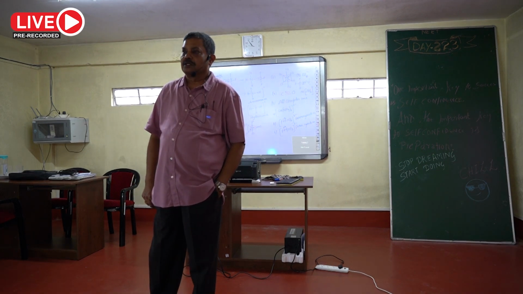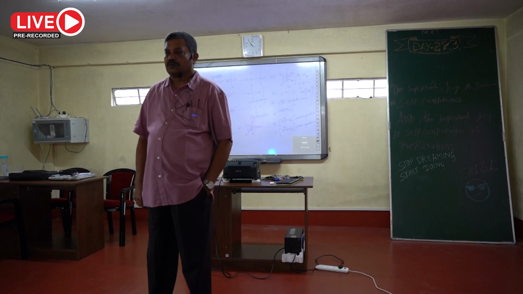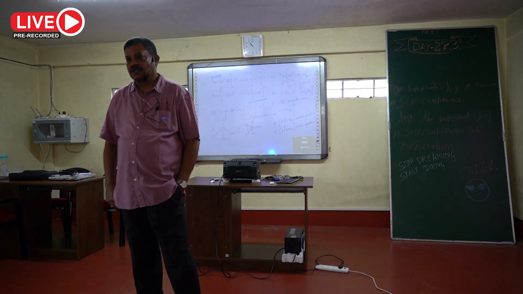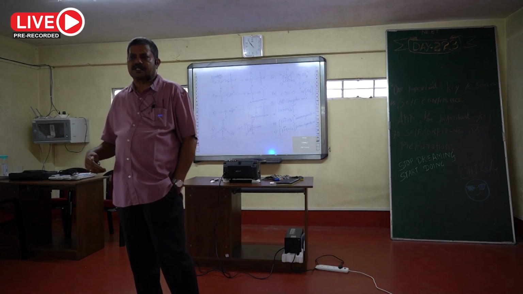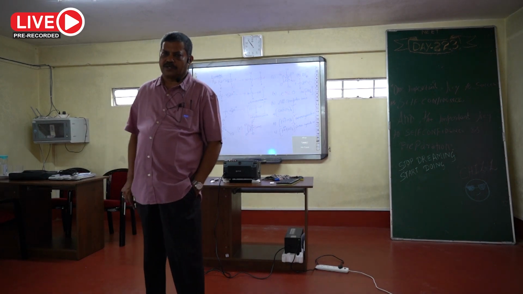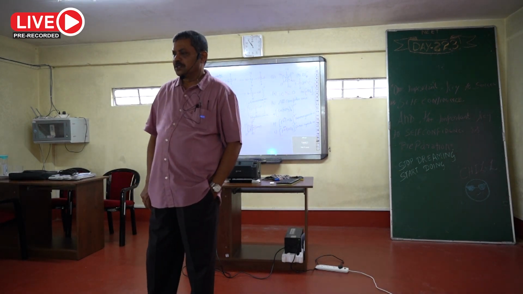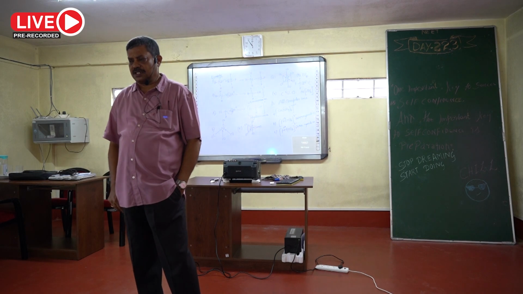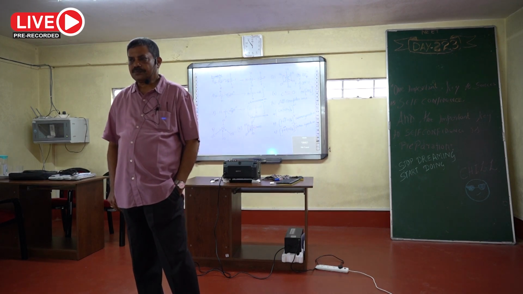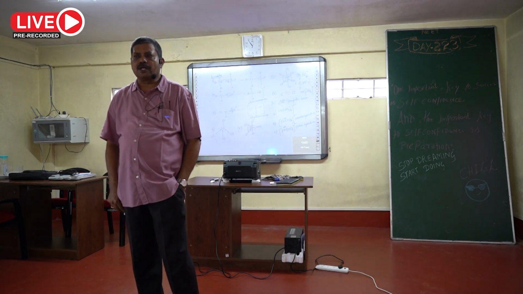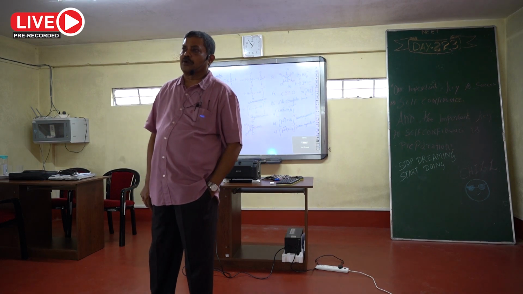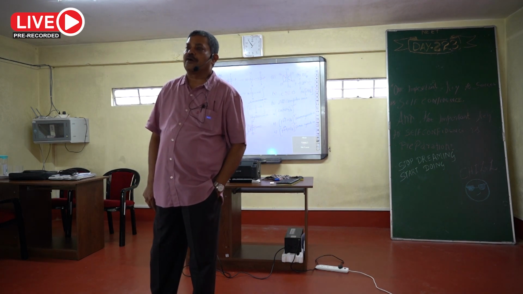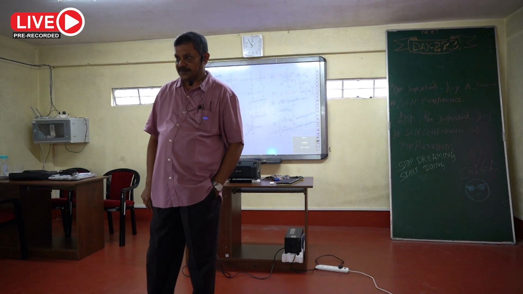How? By orbital overlap. In this there are certain points, I will just read them out, no need of noting down. They are all in the textbook, just listen to the points. A covalent bond is formed due to the overlap of two half-filled atomic orbitals.